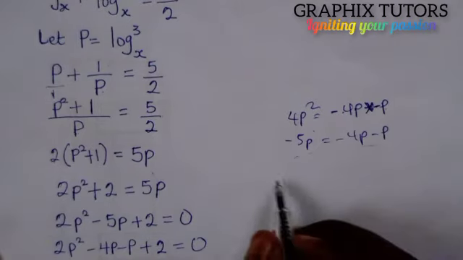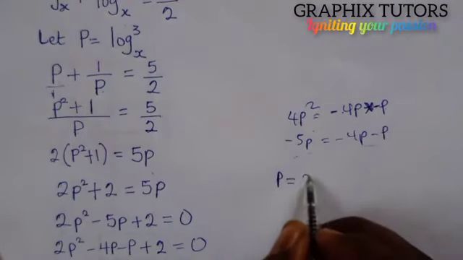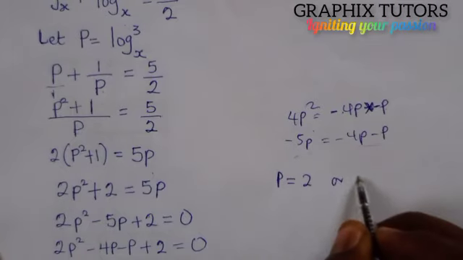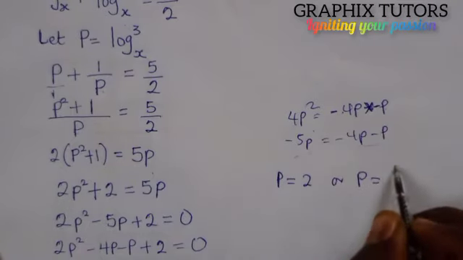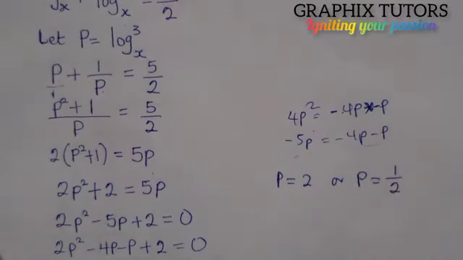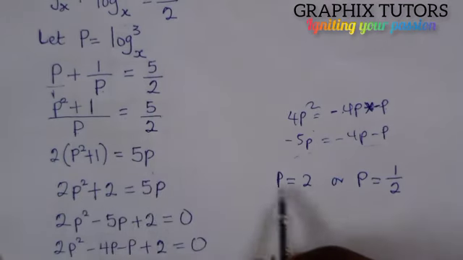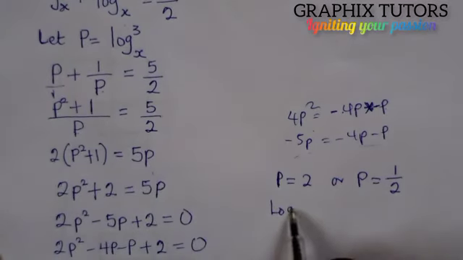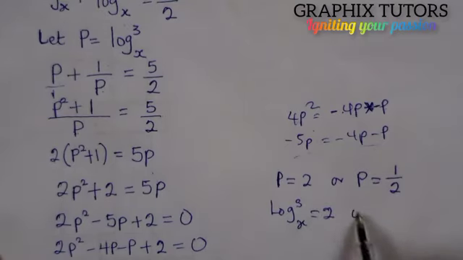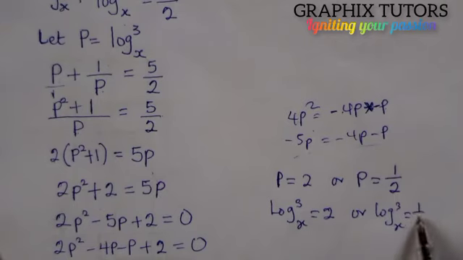We said that p is equals to 2, right? Or p is equals to 1 over 2. Is that taken? But we said that p is log 3 to base x. So anywhere I see p, I'm going to put log 3 to base x equals to 2 or log 3 to base x equals to 1 over 2.